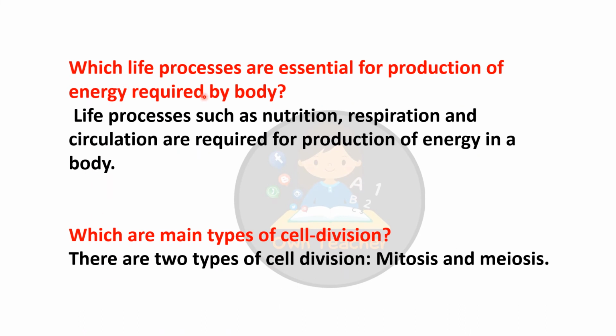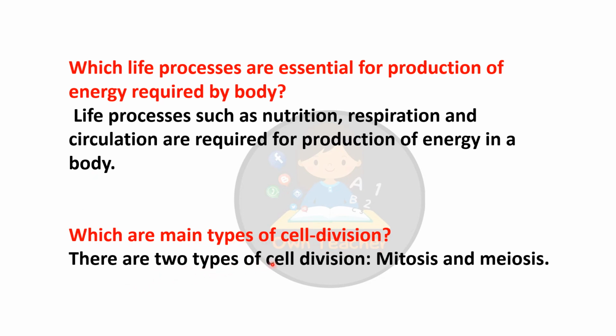Which life processes are essential for production of energy required by body? Life processes such as nutrition, respiration, and circulation are required for production of energy in a body. Which are main types of cell division?